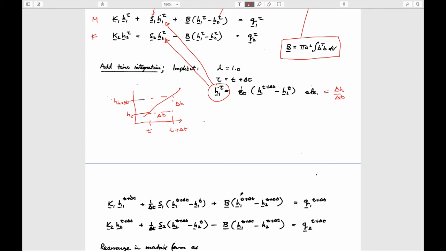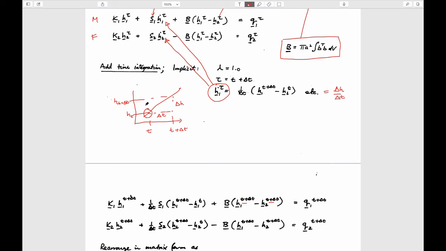We've made the point that we know these values at the time step t plus delta t, which is what's written here. And we can start rearranging it for the things that we know and the things we don't know. The things that we know would be the heads at time t.